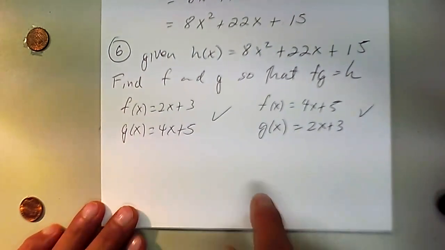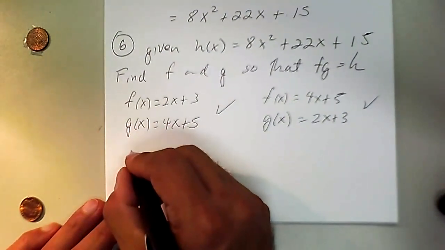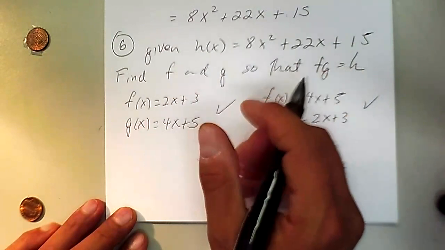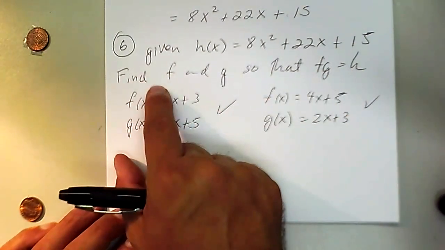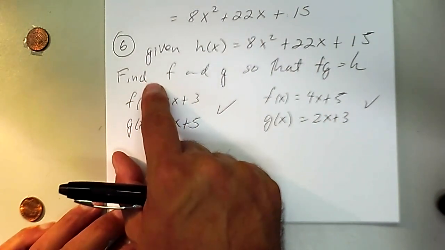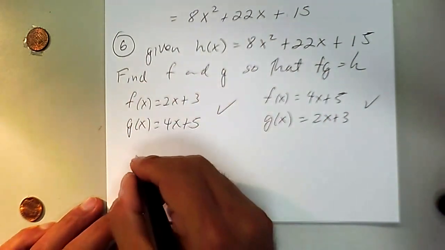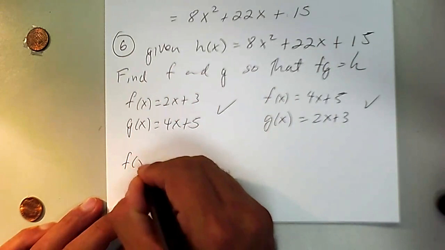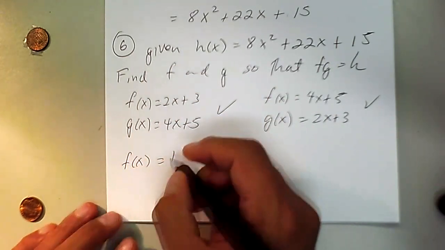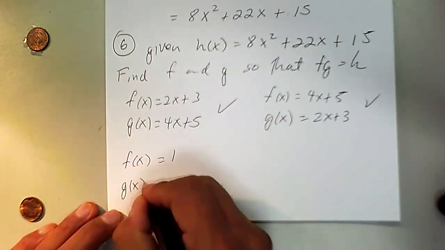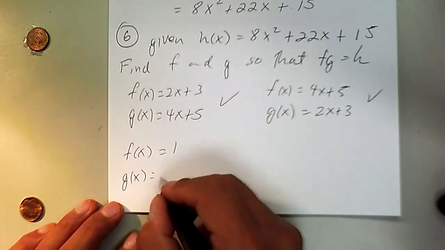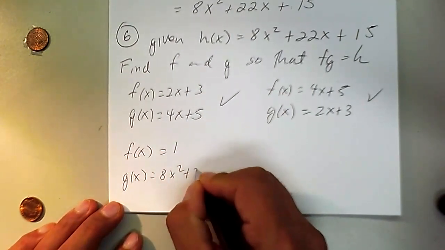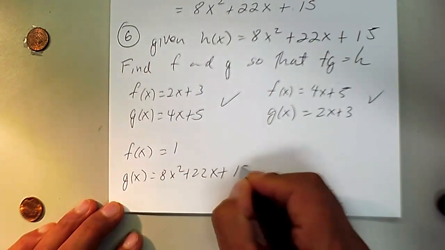The one thing that will not be accepted as far as splitting up into f and g, and even though I did not specify here non-trivial, it is pretty understood that we shouldn't do this, even though technically it is correct. Somebody could say, hey, I can just make f 1 and g 8x squared plus 22x plus 15.